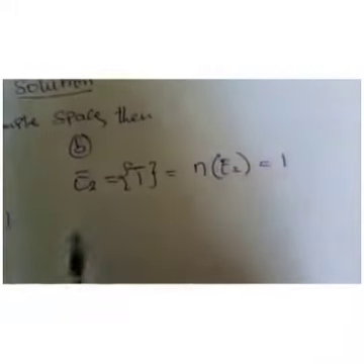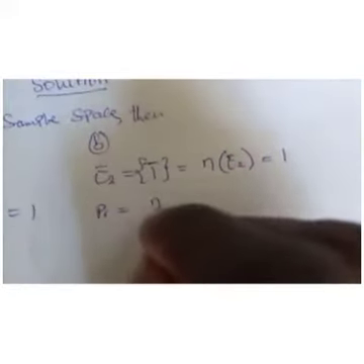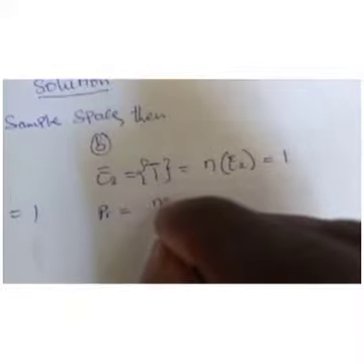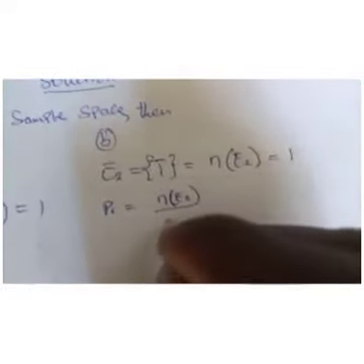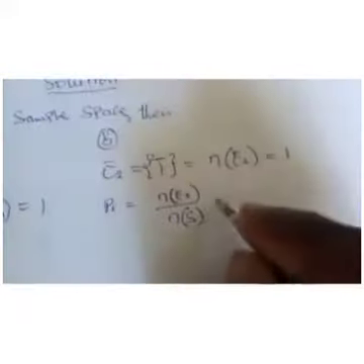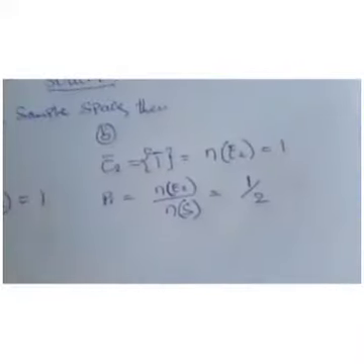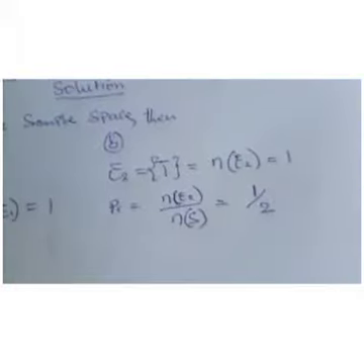So the probability of this will be equal to n of event 2 all over the sample space, which is equal to 1 all over 2. So that is that. Let's move to another example.